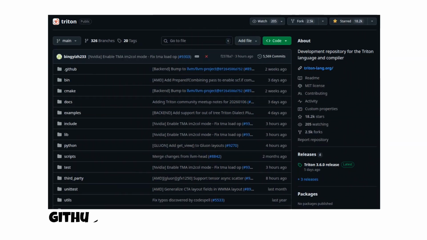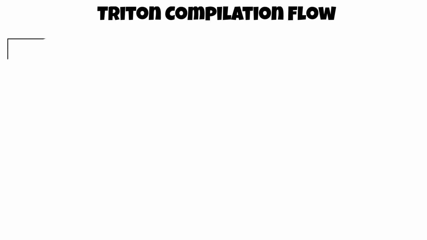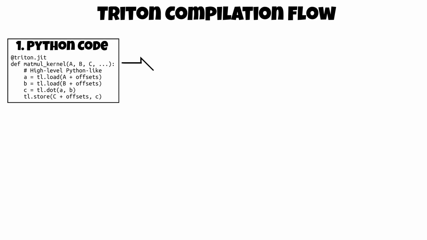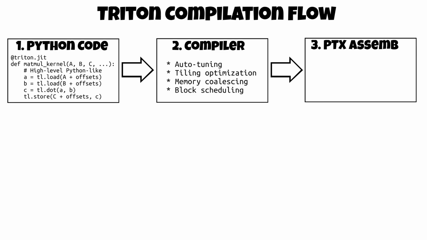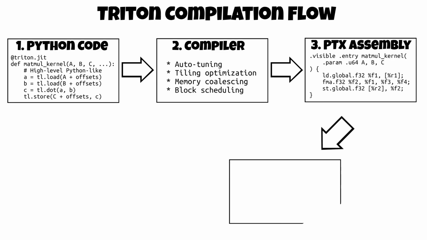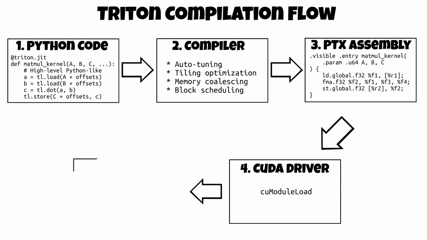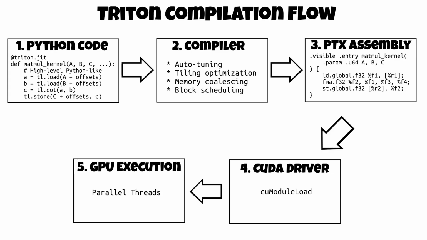Then I discovered Triton. It's a Python-like language for writing high-performance GPU kernels with automatic block management and compiler optimization. The syntax is actually readable, the compiler does auto-tuning for you, and it works across different GPU architectures.